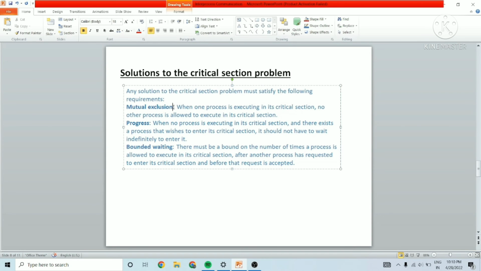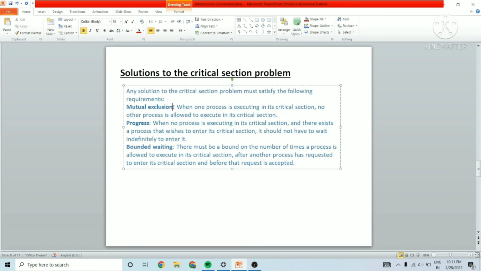The second requirement is progress. When no process is executing in its critical section and there exists a process that wishes to enter its critical section, it should not have to wait indefinitely to enter. The third condition is bounded waiting.